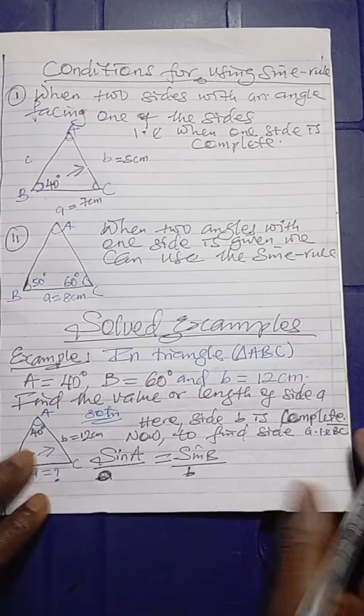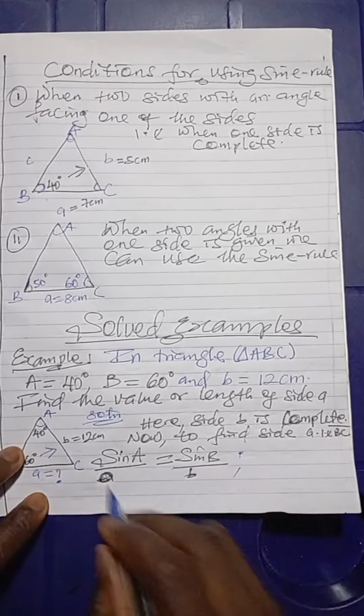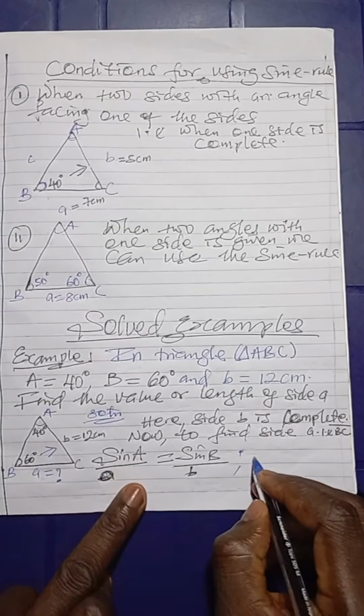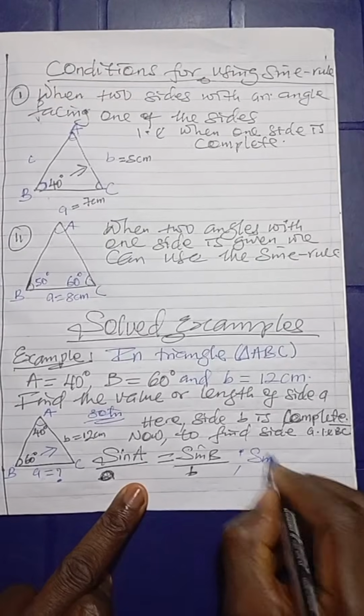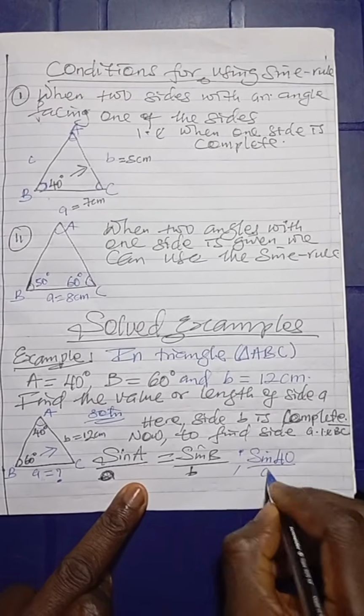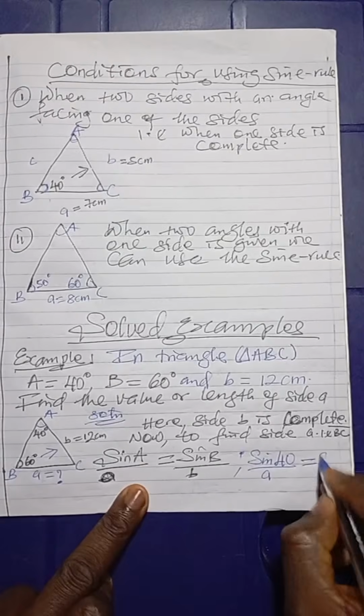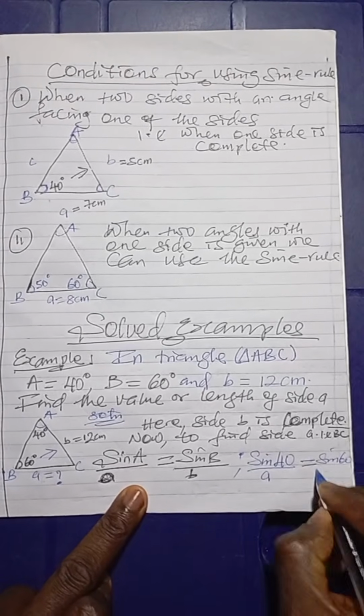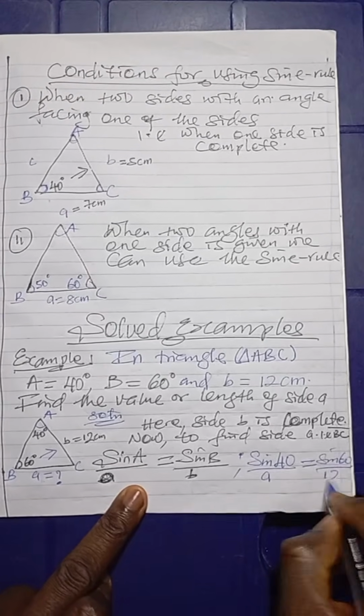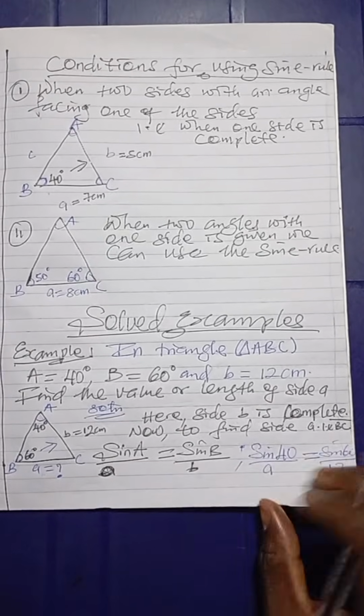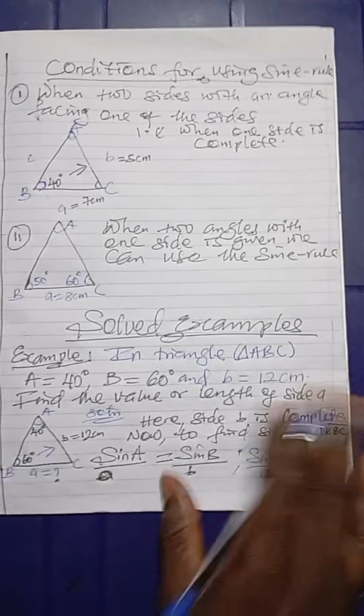Substituting, sine A is 40 degrees, so we have sine 40 over a is equal to sine 60 over 12. Good. So we are going to cross multiply and then solve for the value of a.